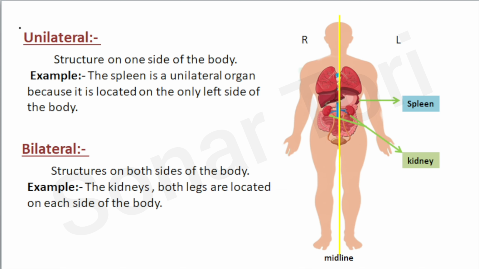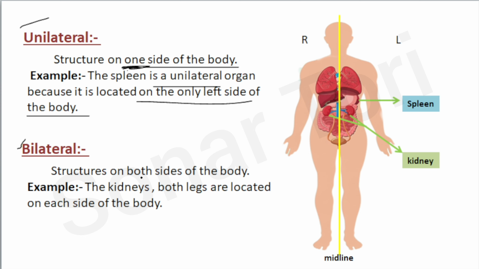Then unilateral and bilateral. Any structure that is present on one side of the body is called unilateral. Means any organ that is present on only one side of the body is called a unilateral organ. For example, the spleen is a unilateral organ because it is located only on the left side of the body. So that's why the spleen is our unilateral organ.